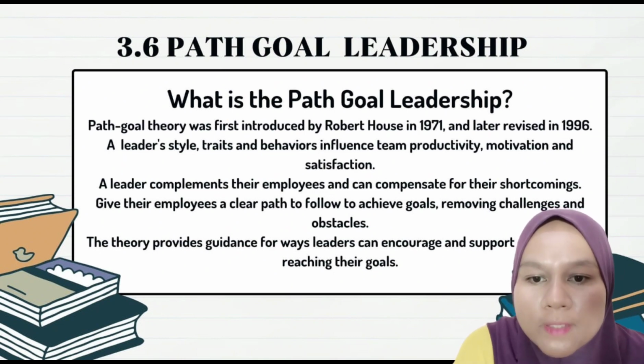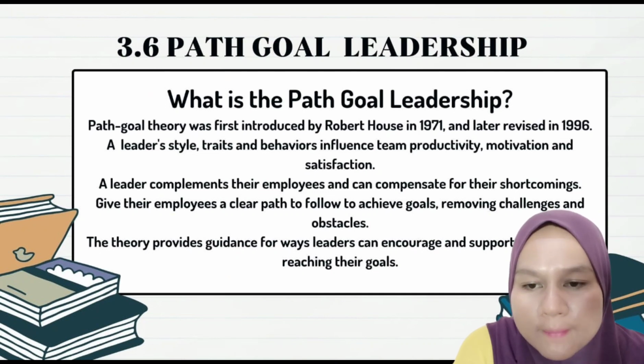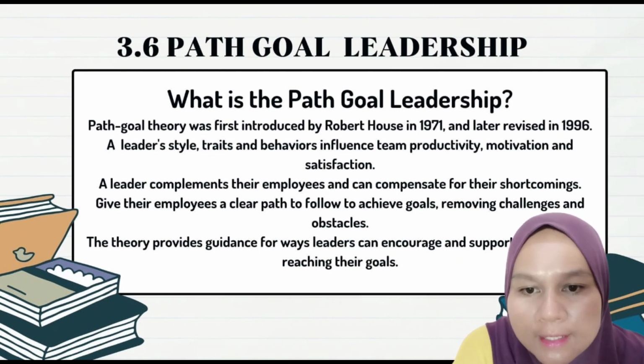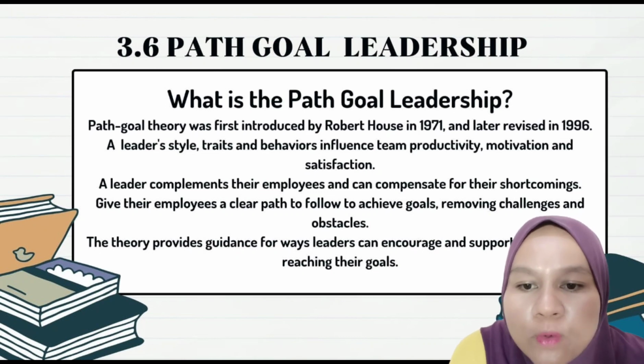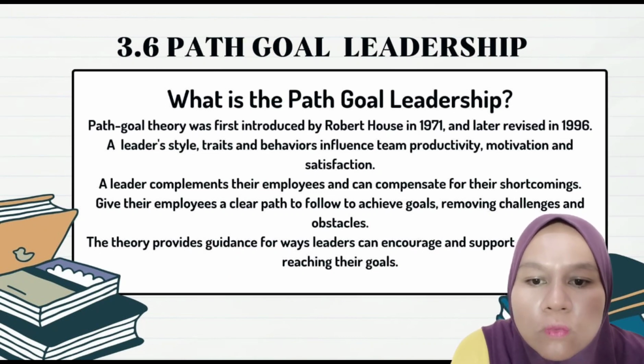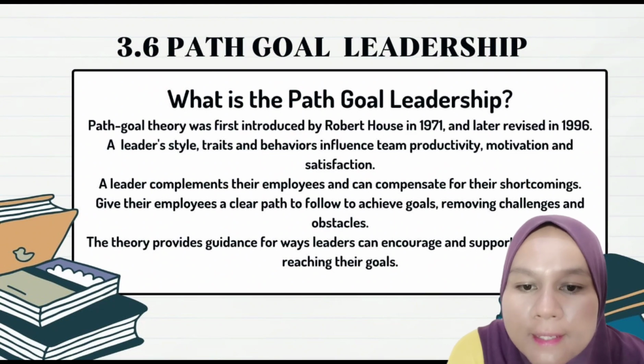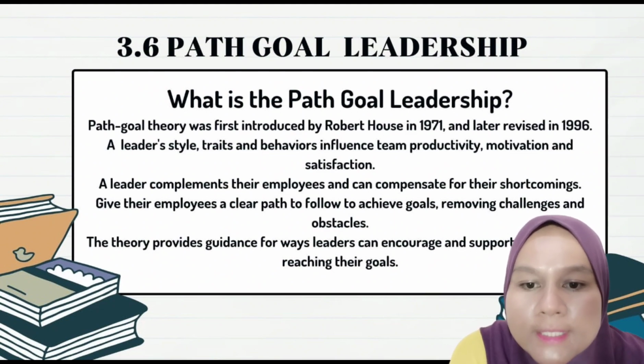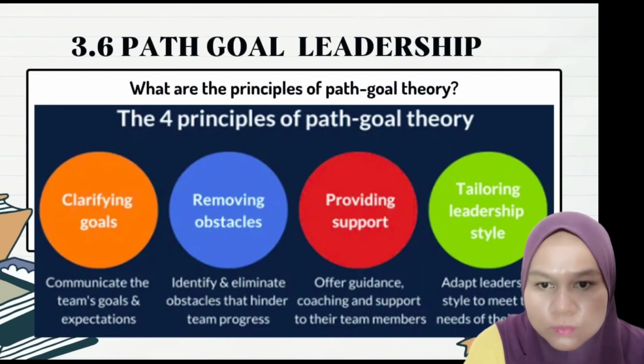A leader complements their employees and can compensate for their shortcomings, giving their employees a clear path to follow to achieve goals, removing challenges and obstacles. The theory provides guidance for ways leaders can encourage and support employees in reaching their goals.